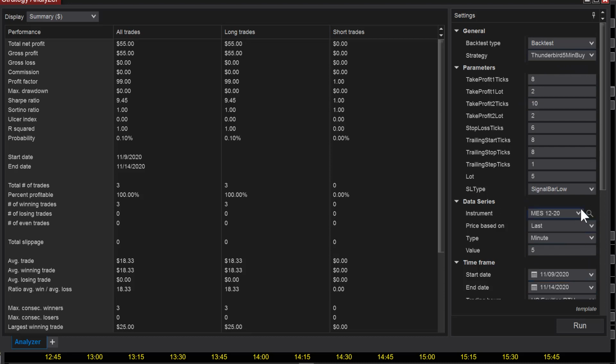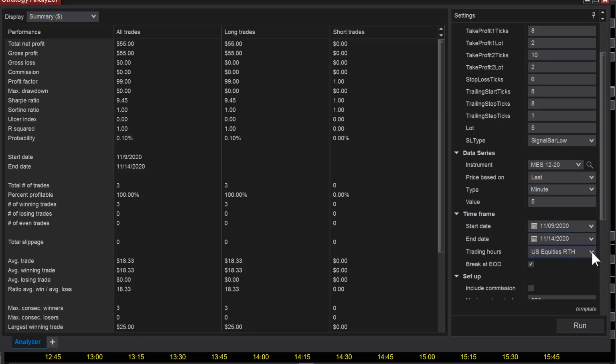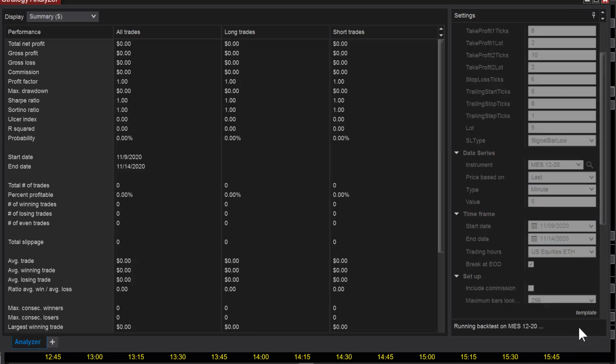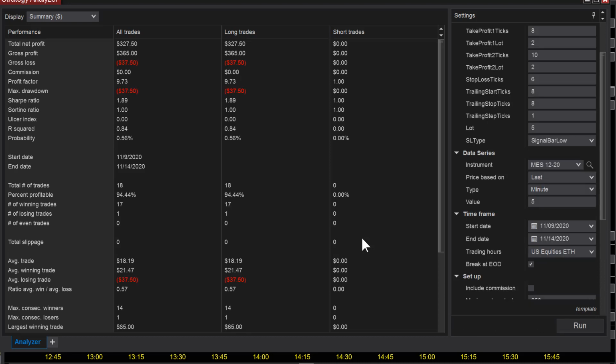Thunderbird 5 minute. Well, that's running ETH. I take it as extended.